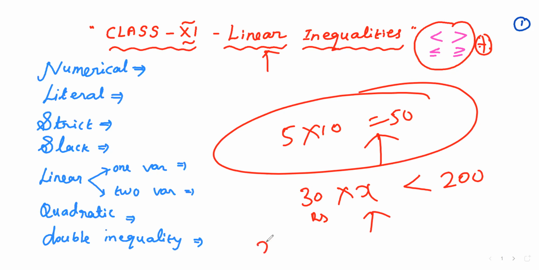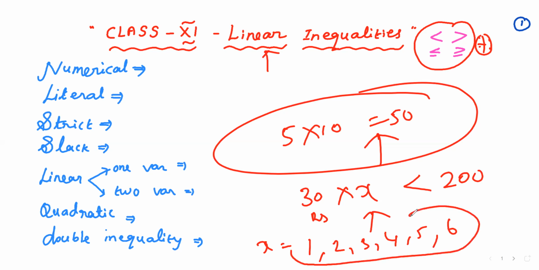If you buy 2 burgers, 140 you have. 3 burgers, 110 you have. 4, 5, 6 burgers you can buy. But still 6 burgers only you can buy, more than 6 burgers you can't buy. So it should be less than.